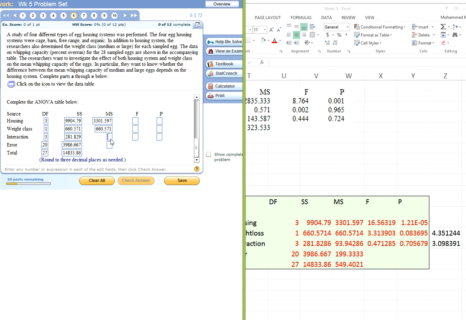The next one is 9393.943, and then this one is 199.333. Okay, F is 16.56, and then F here is 3.314.